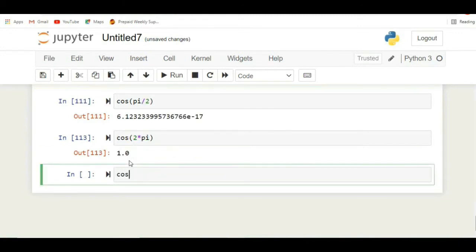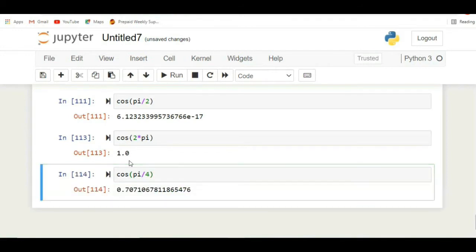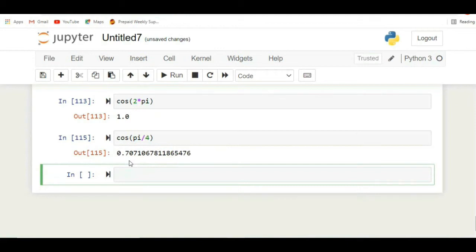And the value of cos pi divided by 4, the answer is 0.70. Yes, this is the value of cos pi by 4. Also the value of sin pi by 4, we have the same value as cos.